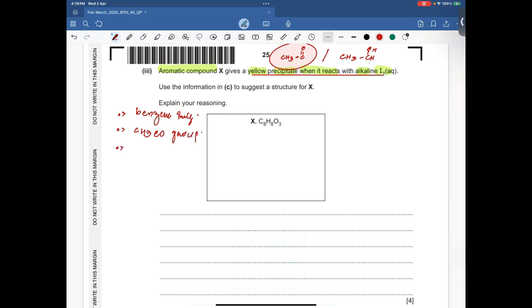Third, COOH might be present, or an OH group might be present, because these two functional groups can react with D2O.